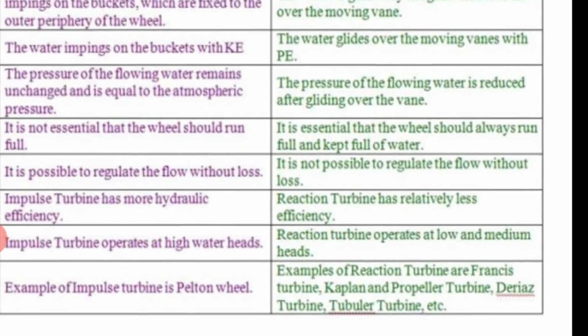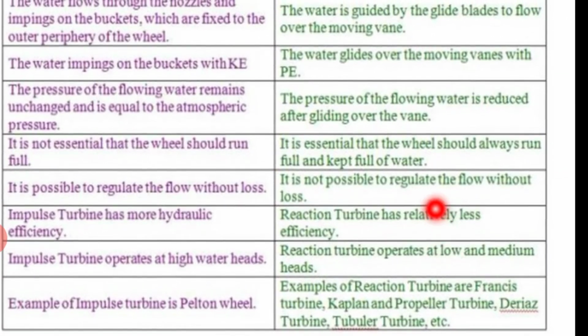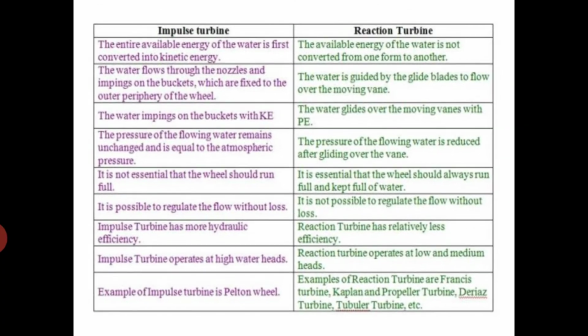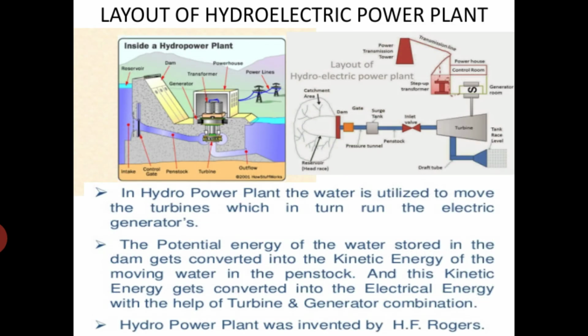Examples of reaction turbines are the Francis turbine, Kaplan turbine and propeller turbines. So these are some differences between impulse turbine and reaction turbine. You can easily differentiate between impulse and reaction turbine. Many times the question will be asked in exams: write a difference between impulse and reaction turbines. You can mention a few important differences.